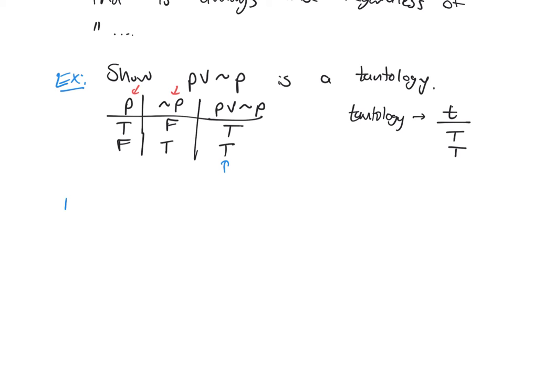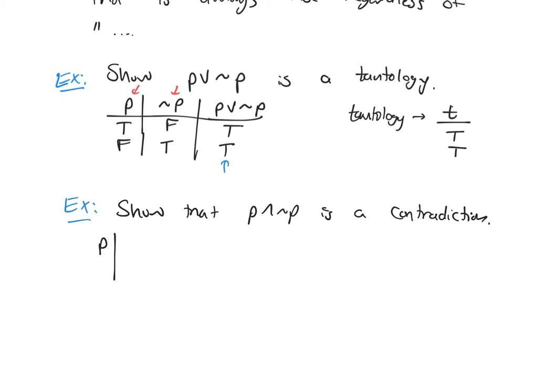Let's look at another example, but with a contradiction now. Let's show that P and not P is a contradiction. So again, I have one variable, so that means I have 2 rows in my truth table.